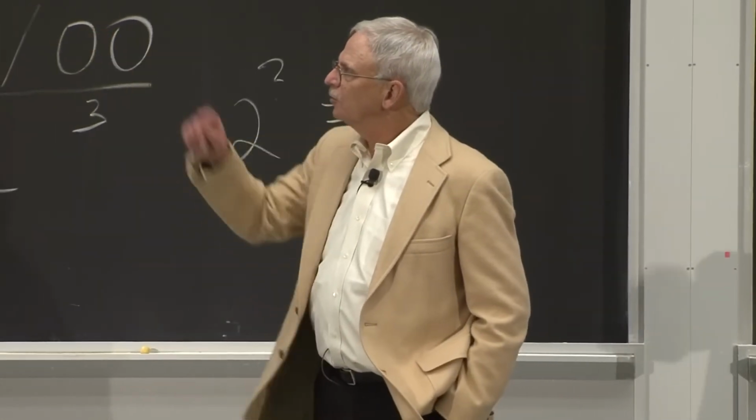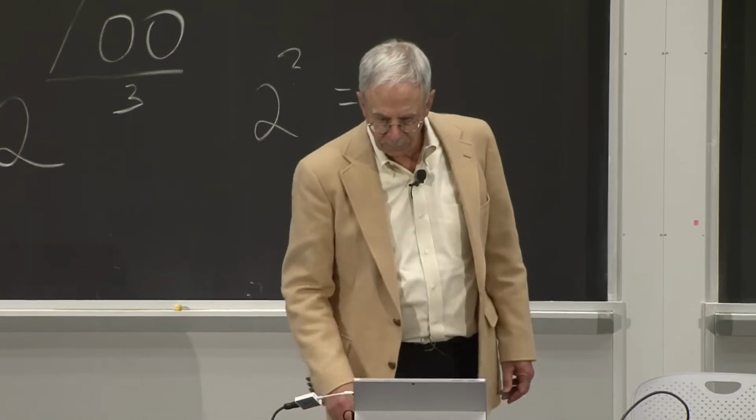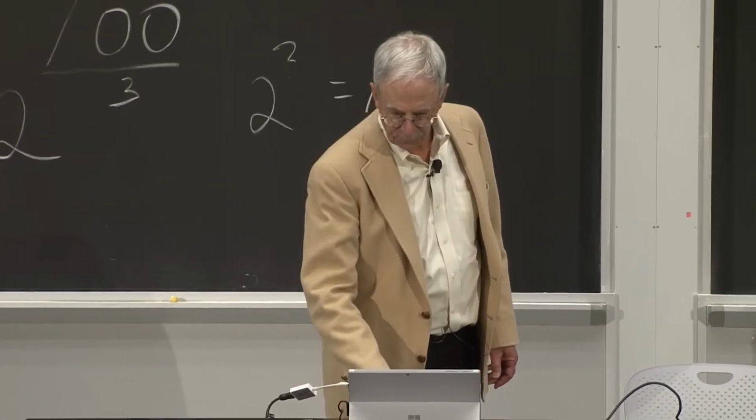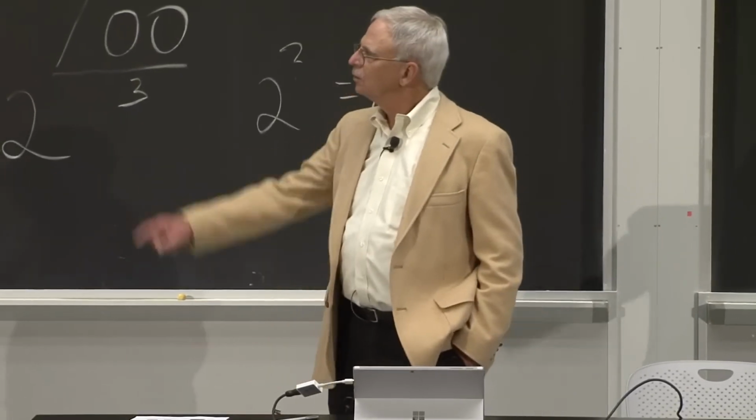All right, here's some code that uses greedy. It takes in the items and the constraint, in this case the weight, and just calls greedy with the key function and prints what we have. So we're going to test greedies.